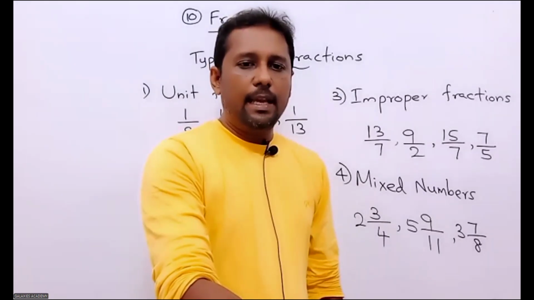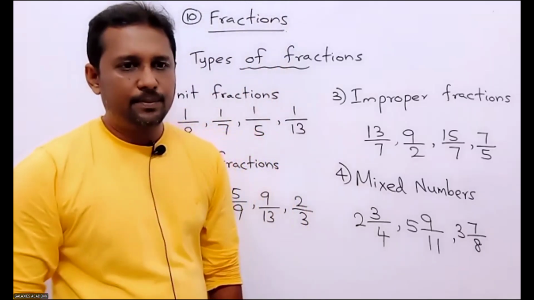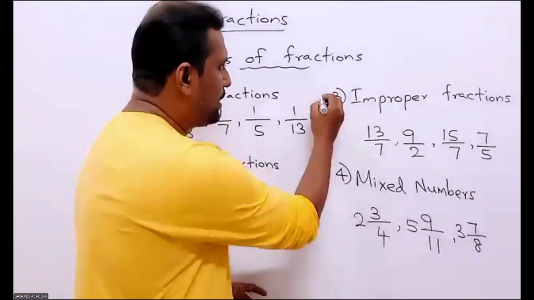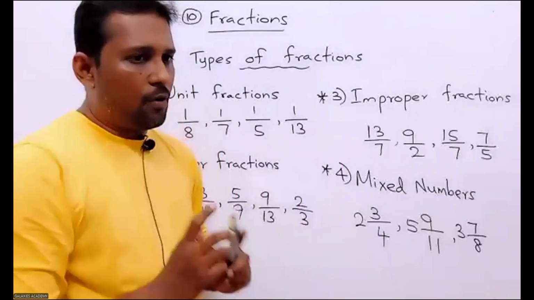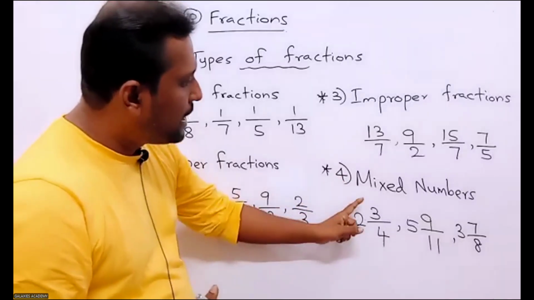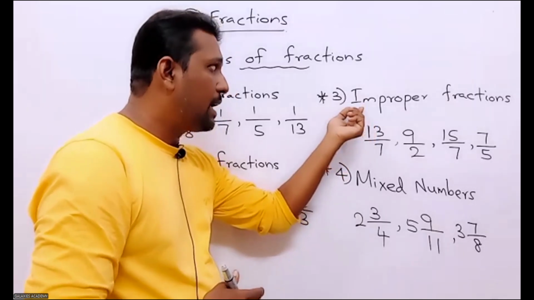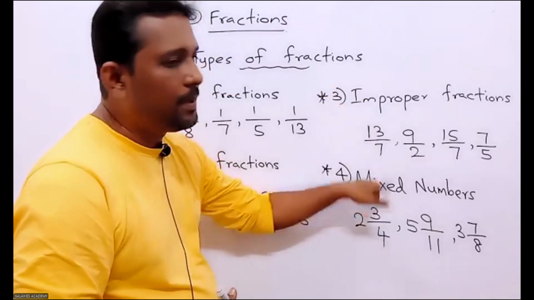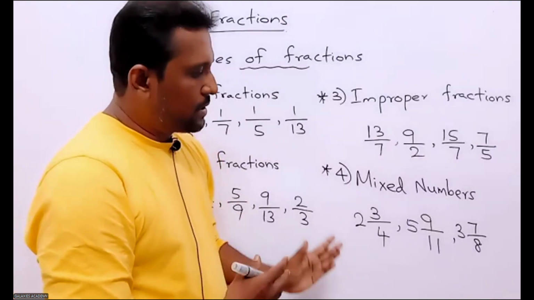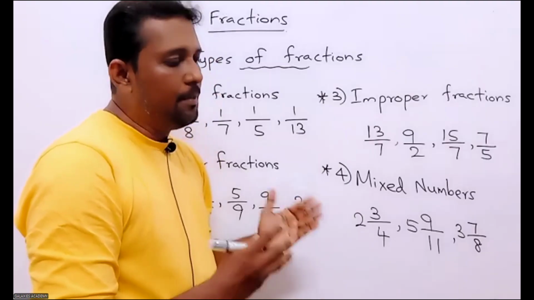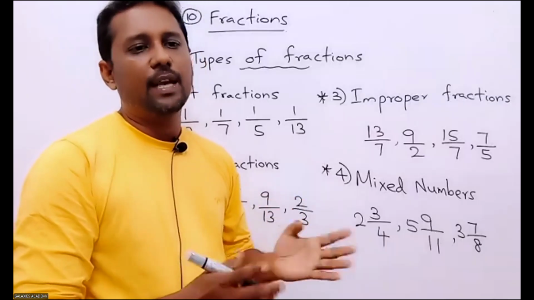Okay. Then we are going to discuss our next part. I told you these two are the new parts for you in grade 7 class. Now we are going to discuss how you can convert mixed numbers into improper fractions and how you can convert improper fractions into mixed numbers, because this converting part is important for your addition, subtraction, multiplication, and division of fractions.